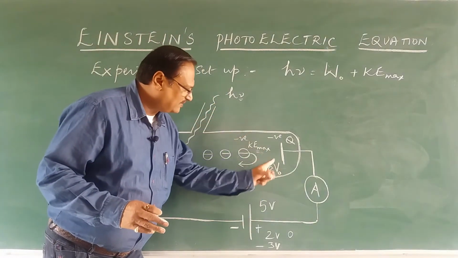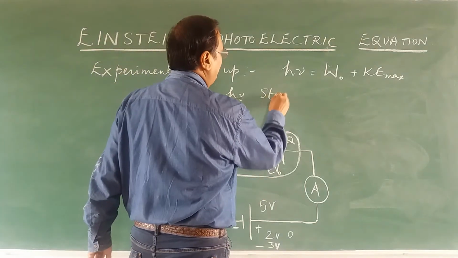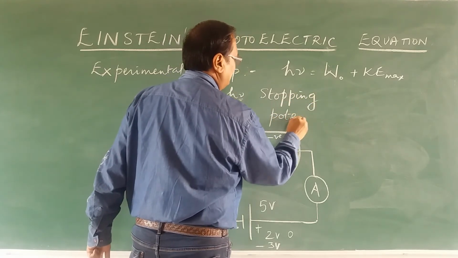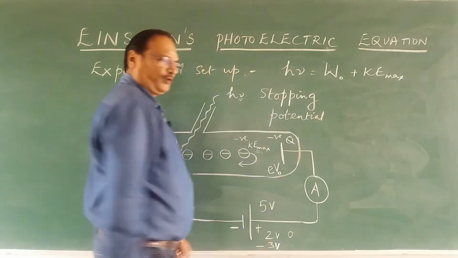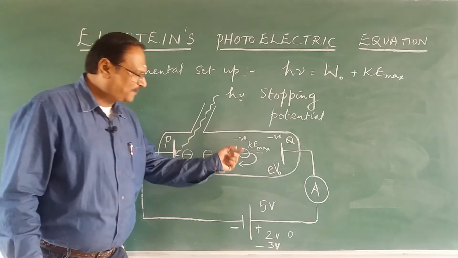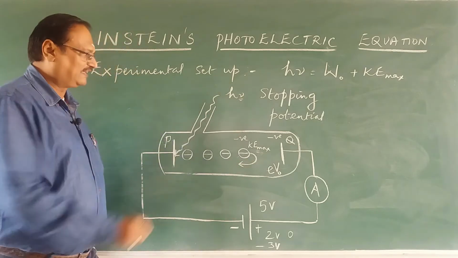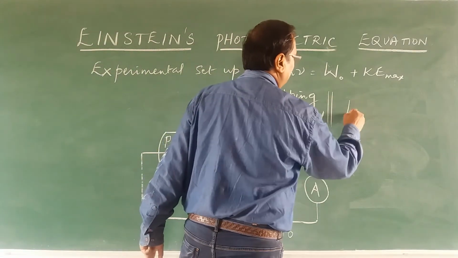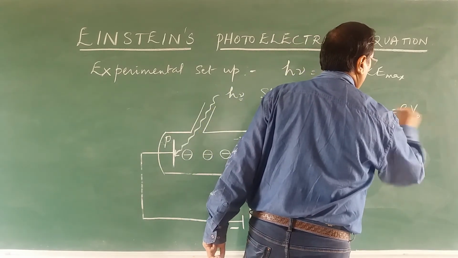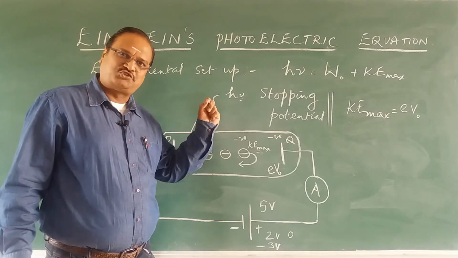The energy is called EV naught. Now, what is V naught? V naught is the stopping potential. Stopping potential is the negative electrode potential which stops the electron from reaching the electrode. Fine. At that time, you will find that kinetic energy maximum is equal to EV naught. That is, kinetic energy is equal to potential energy.